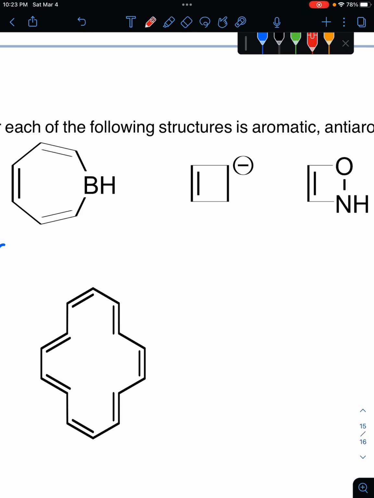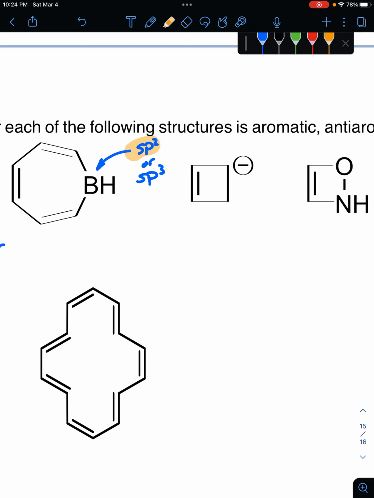What about the second one? Again, we want to ask the question, is this boron sp2 or sp3? Remember, sp2 hybridization is formed when you have 3 electron groups. This boron is attached to 2 carbons and a hydrogen, so it has 3 bonds, and if you draw out the Lewis structure of this, you find that there's no lone pair on that boron.